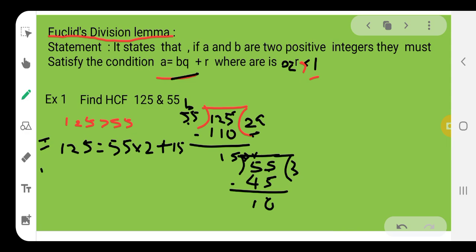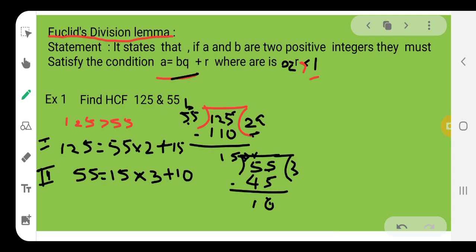So in the second step, what did we get? 55 is A, B is 15, Q is 3, R is 10. Okay. So this is the second step.